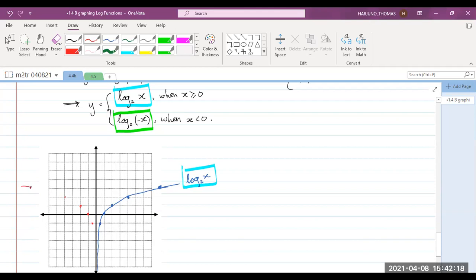So this is the graph of log base 2 of negative x. Now together, this blue one and red one together give us log base 2 of absolute value of x.